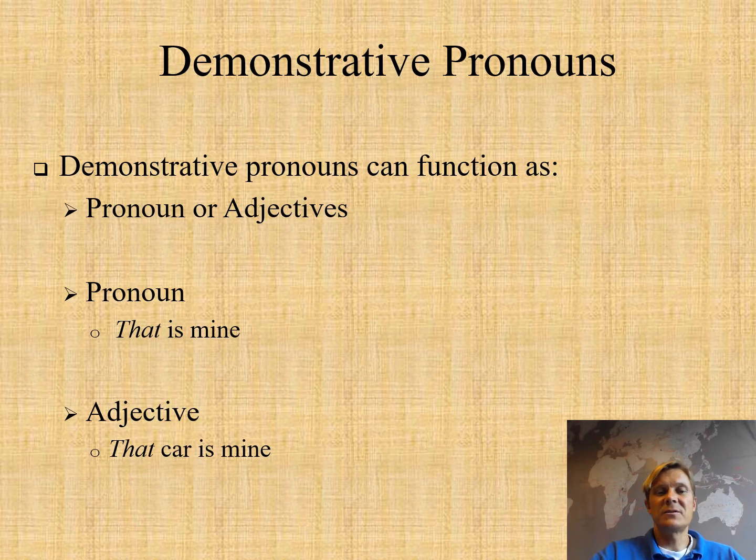As an adjective: that car is mine. In the second example, that describes the car, not an indefinite car or some abstract car, but that specific car. So it gives it a specific quality.